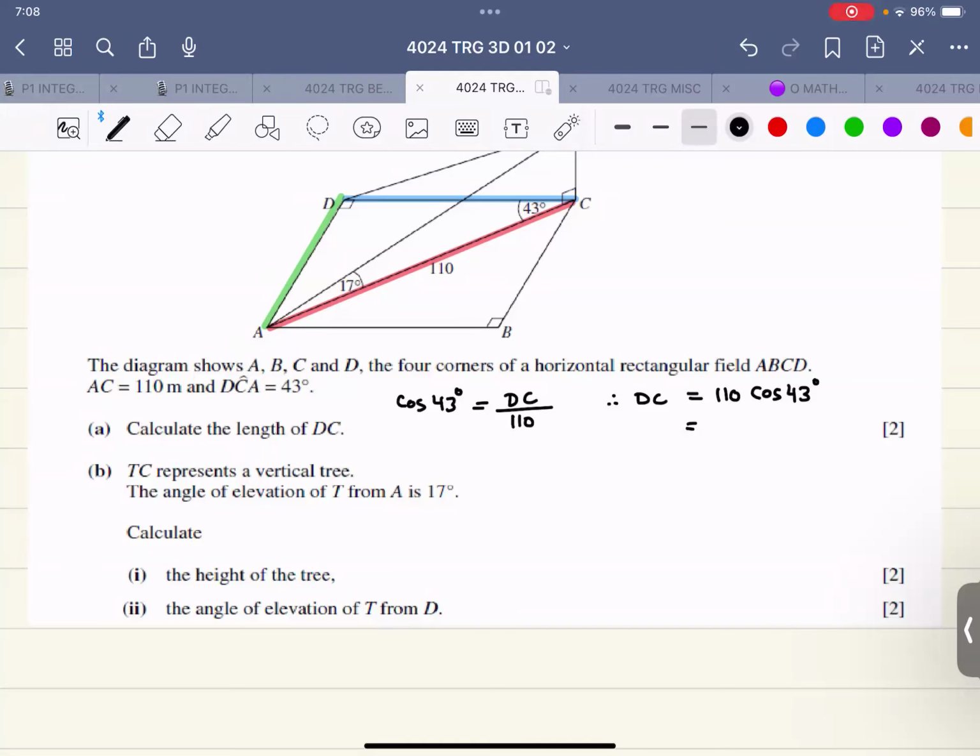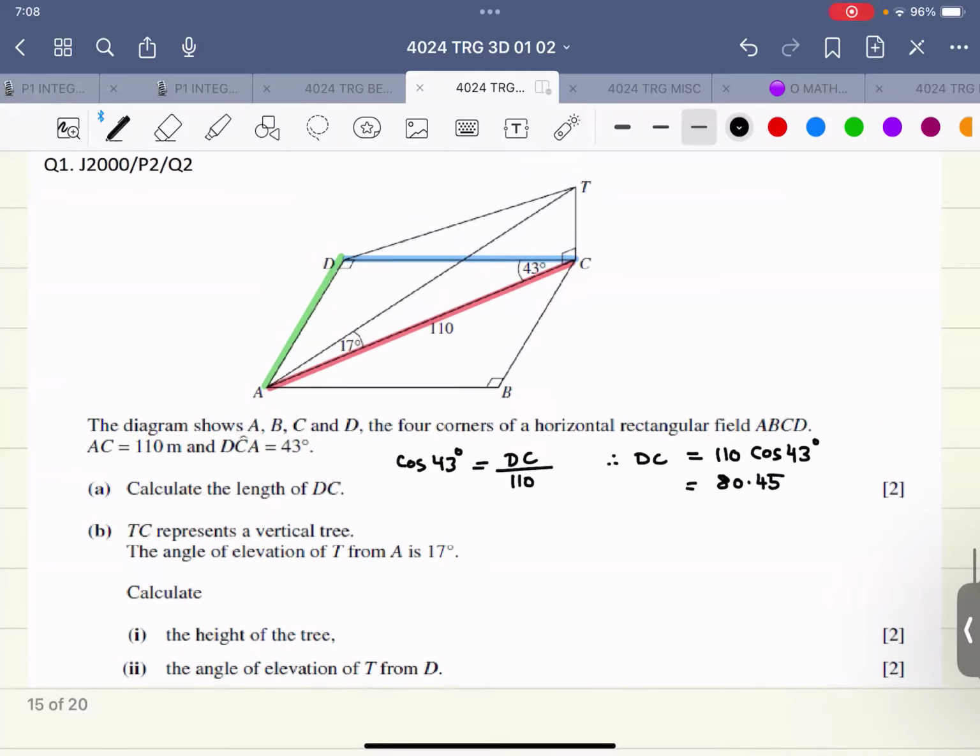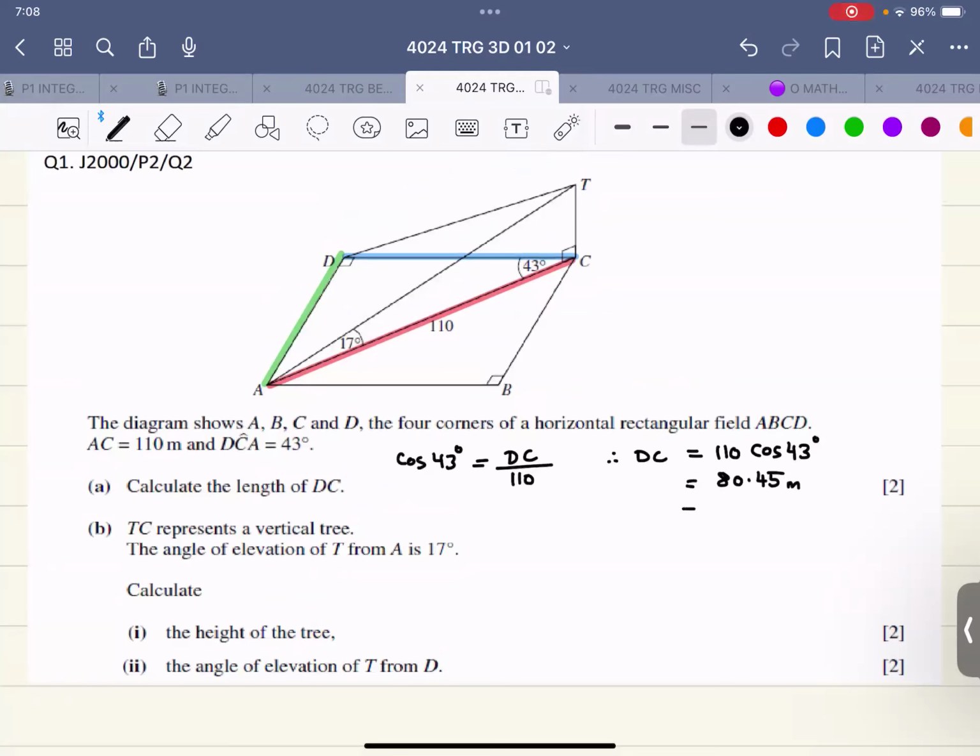So this is cosine of 43, so 43 degrees and then cosine, and multiplying with 110. This comes out to be 80.45. This is in meters, that is the unit. And therefore, this is 80.5 meters.